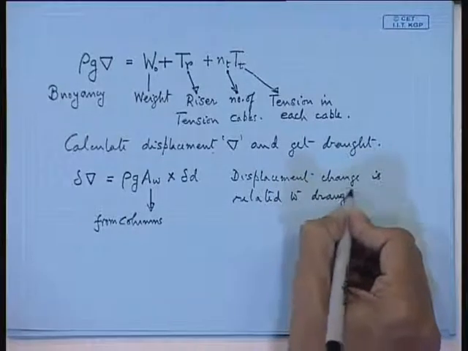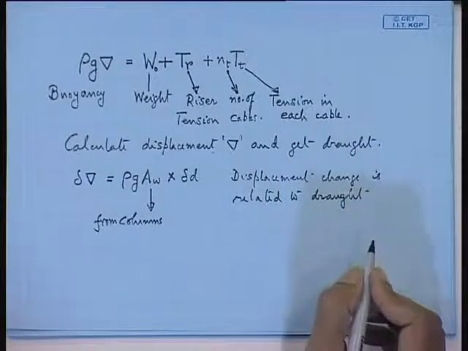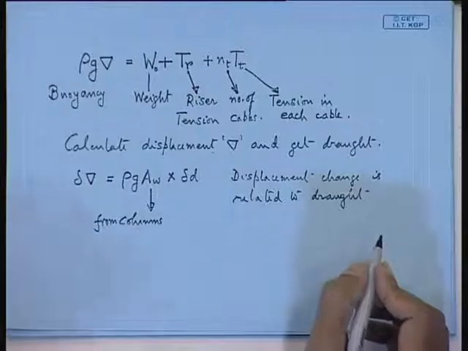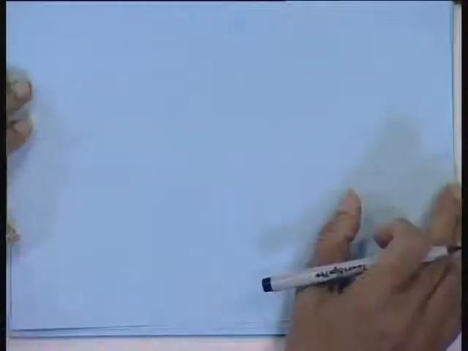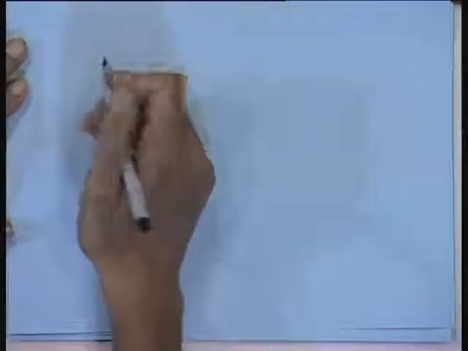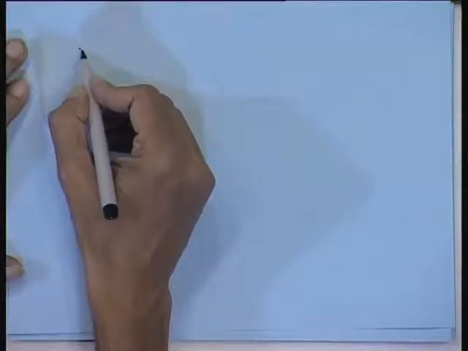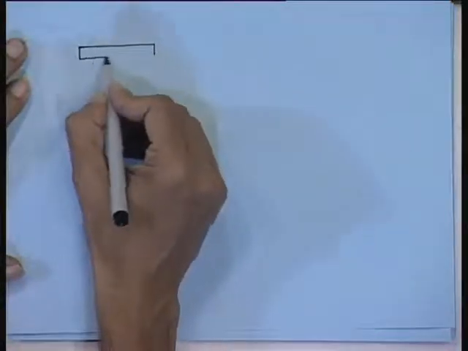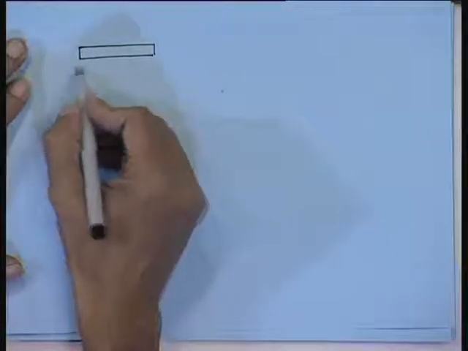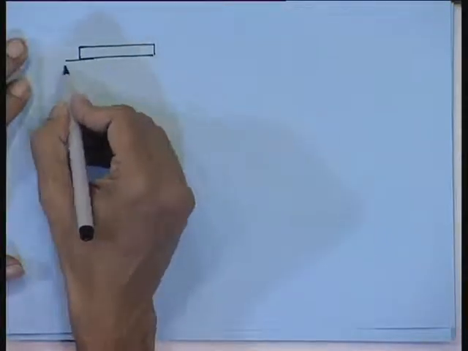Now, you see there is another parameter which is called set down. So, this is your TLP in the vertical mode, in the normal mode. Now, suppose it is struck by a wave and there is a set down, what will happen? Say this is your TLP when there was no wave force.